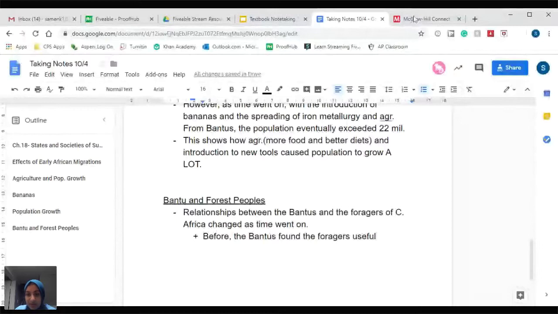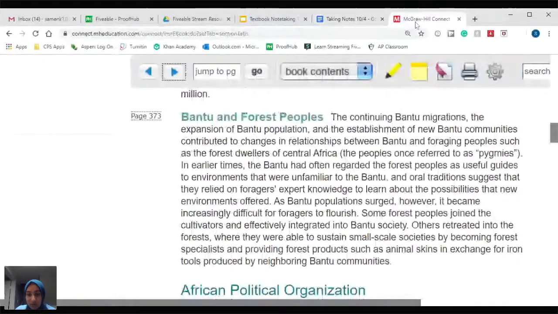And then what does it say? They found them useful guides to environments that were unfamiliar. So before, when the Bantus first settled, of course, they're going to be unfamiliar with the lands that they're walking in. So they took help from these foragers, and the foragers helped the Bantus.